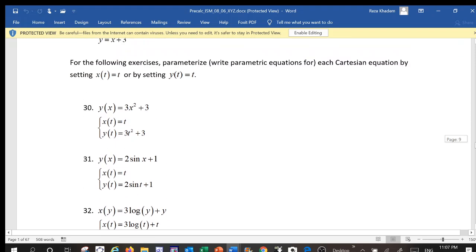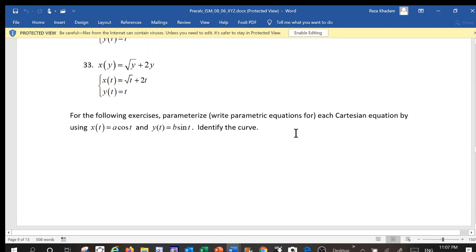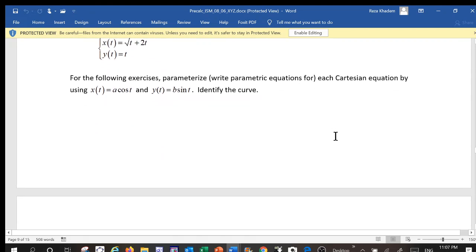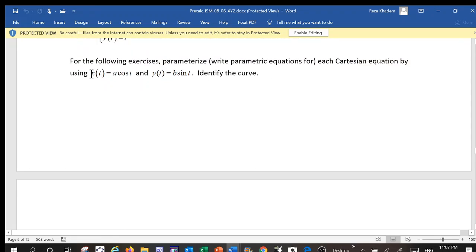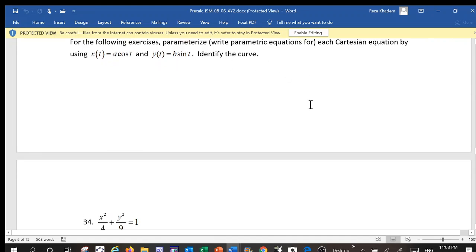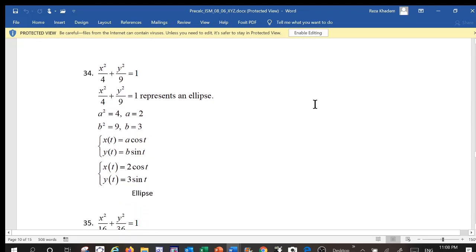So here's another one. Find, for the following exercise, parametrize. Parametrize means write it in parametric form. And it says using these, x is a cosine theta and y is b sine theta. So here we go.